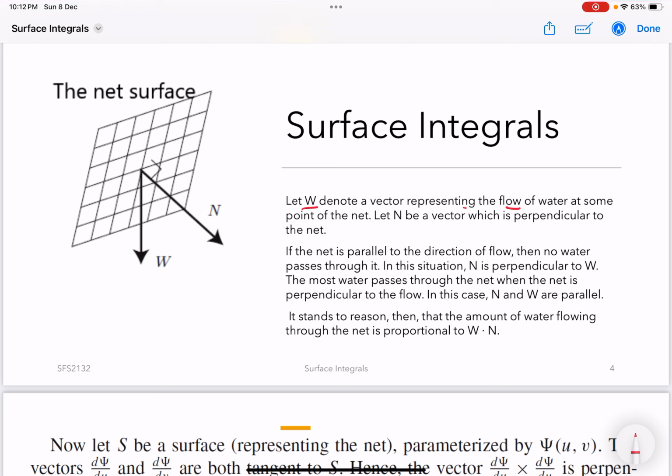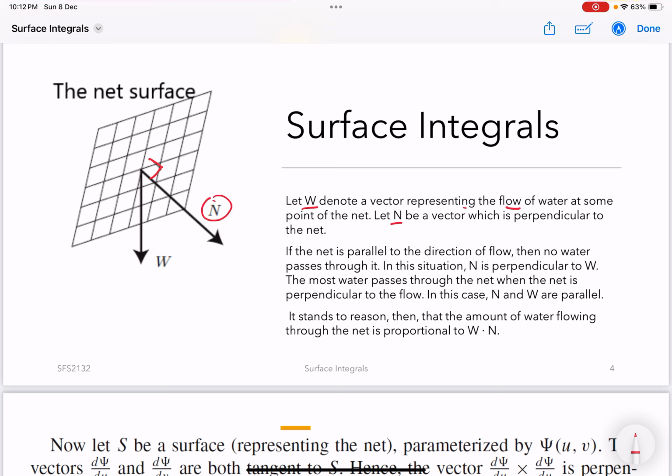The vector representing the flow of water, and N will be the vector which is perpendicular to the net. This is N, the normal vector with respect to the surface.